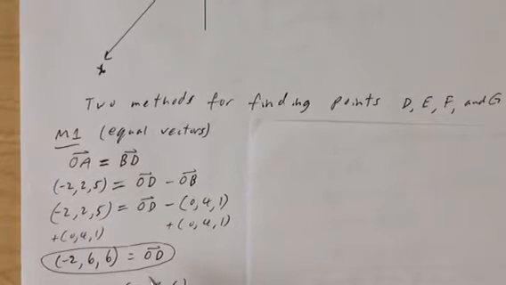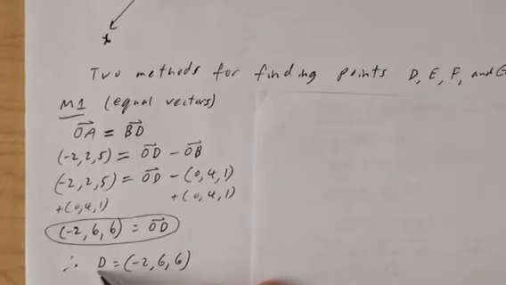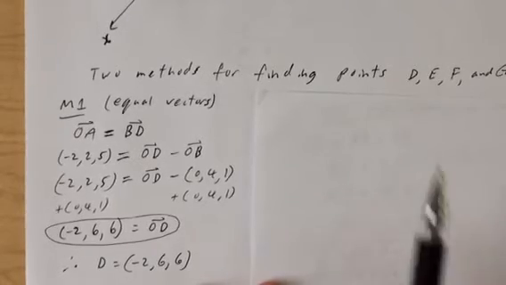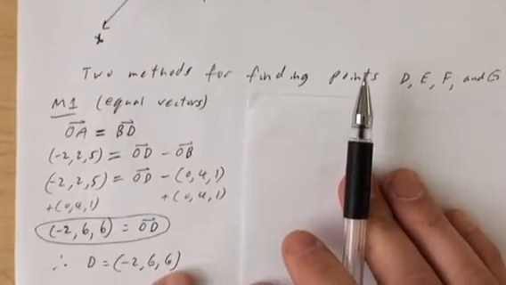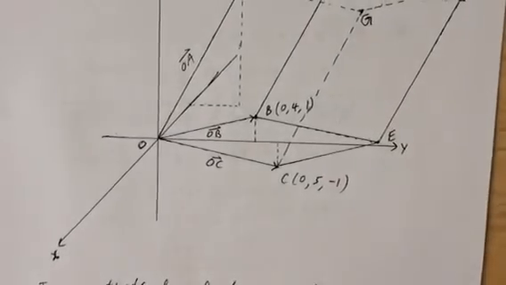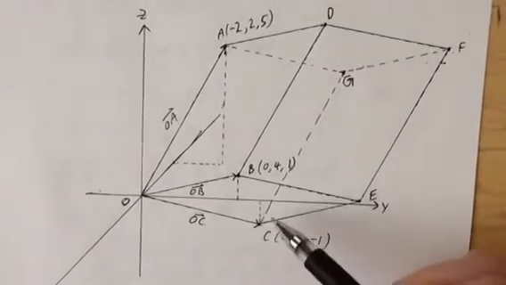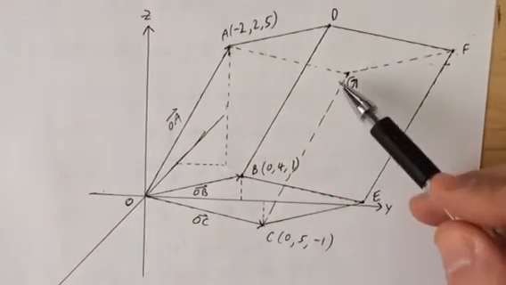We want the vertex, so then we have to make another statement. Therefore, D, which is the vertex, is at negative 2, 6, 6. Okay? And you can do that for all of the vectors in all the points in this diagram. Okay, so you can say that OA equals CG.